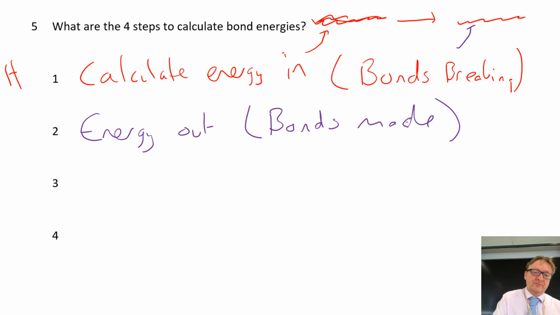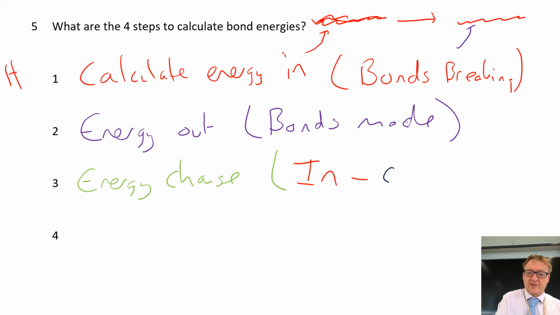Number 4, I then need to know the energy change. To do that, I will do energy in take away energy out. If the answer is positive, it is endothermic.